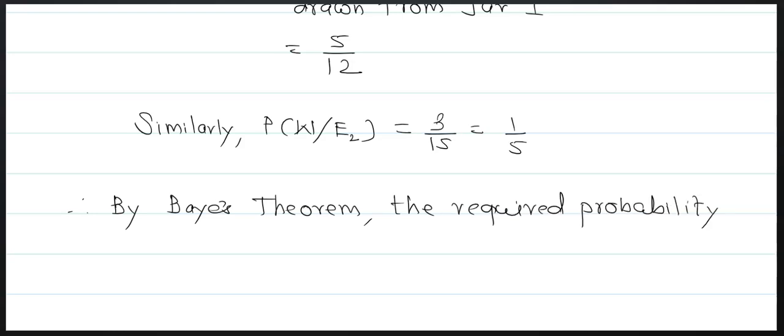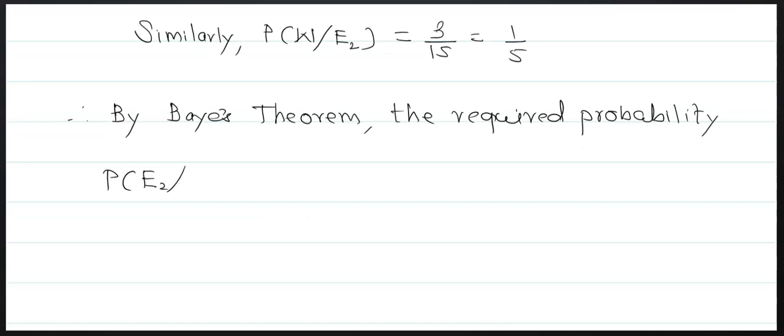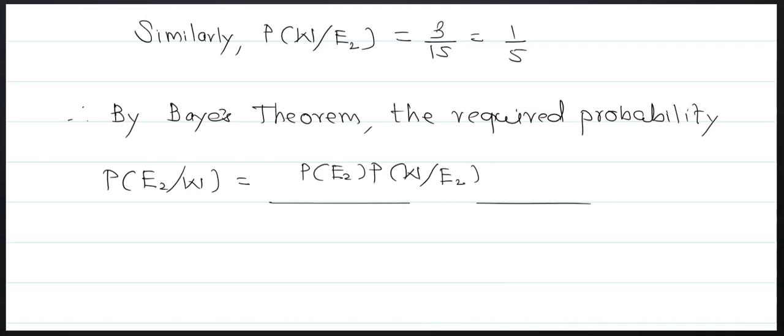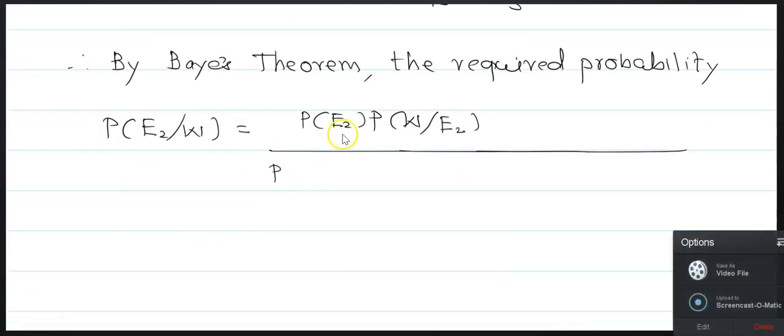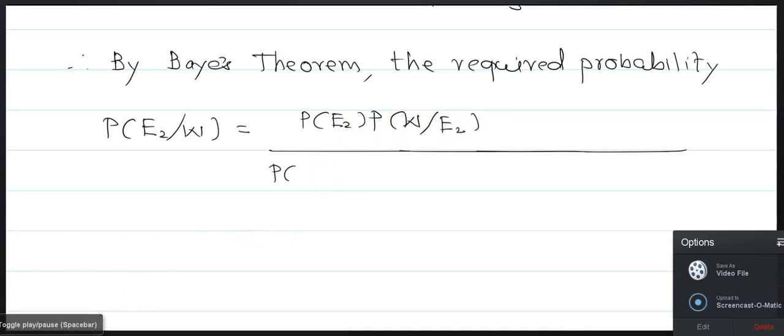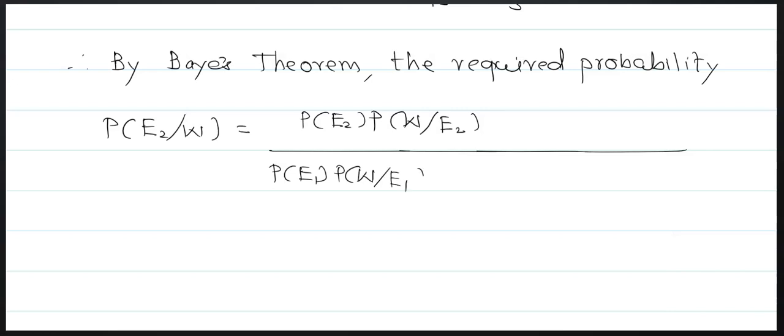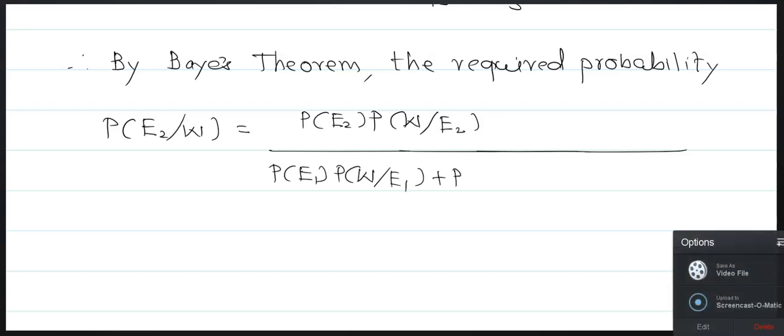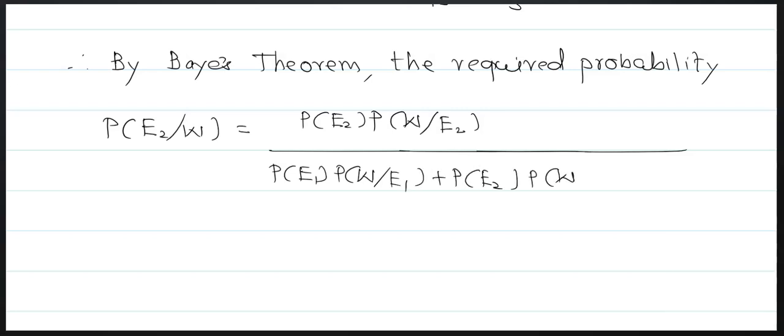The required probability, that is probability of E2 conditional W, which is from the second jar, and we require the white, is the probability of E2 into probability of W conditional E2 upon probability of E1 into probability of W conditional E1 plus probability of E2 into probability of W conditional E2.